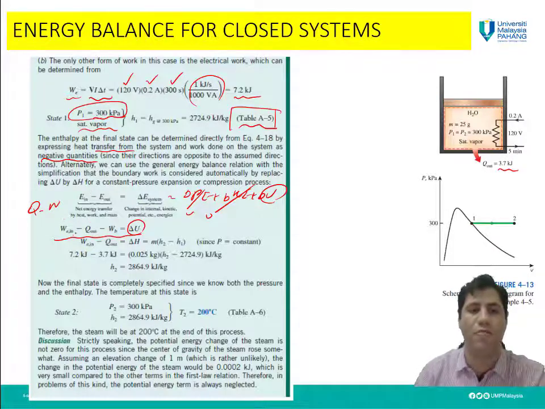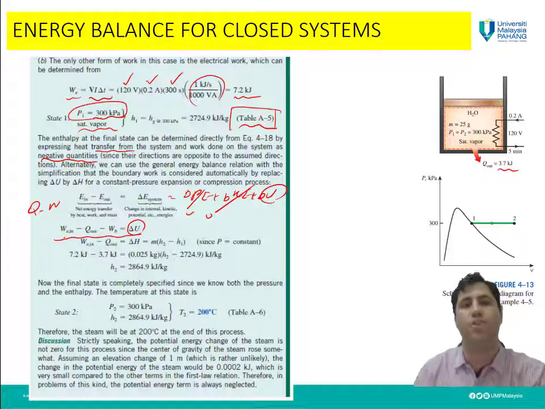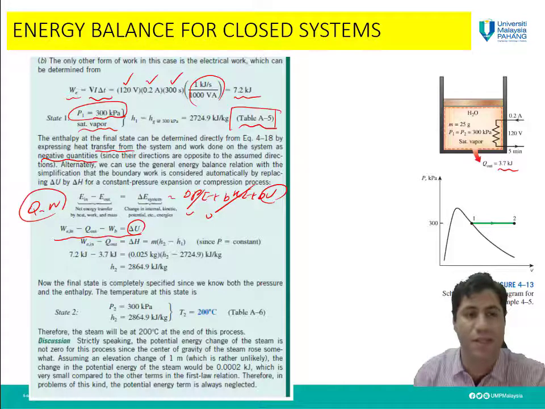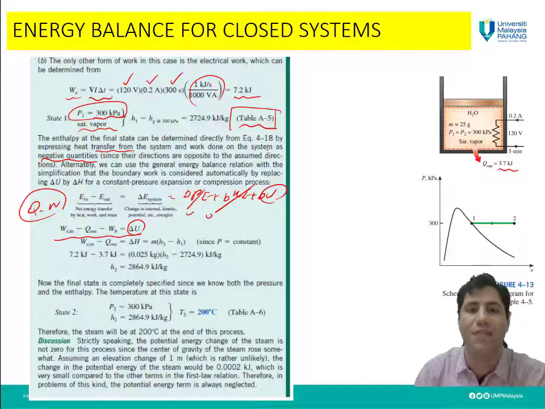We have WB and W other, which we have calculated as WE, or electrical work. The initial form is Q minus W, but here we say that the heat transfer from the system and work done on the system are negative.